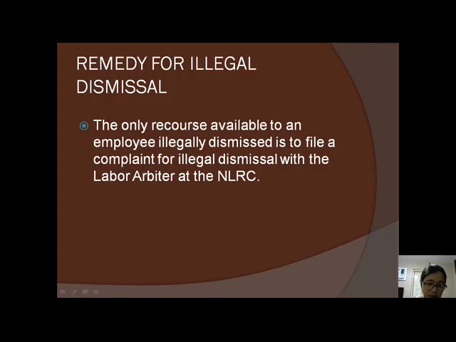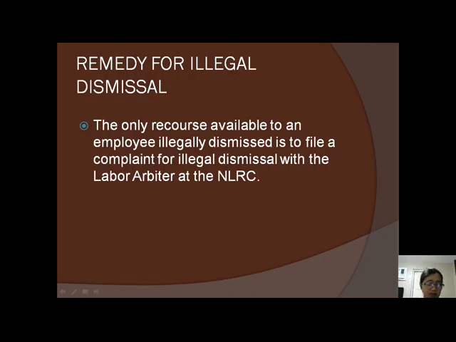So if you are dismissed illegally, the only recourse available to an employee illegally dismissed is to file a complaint for illegal dismissal with the labor arbiter at the NLRC or the National Labor Relations Commission. Okay, so with that, you can go to NLRC, to a labor arbiter, and file an illegal dismissal case.